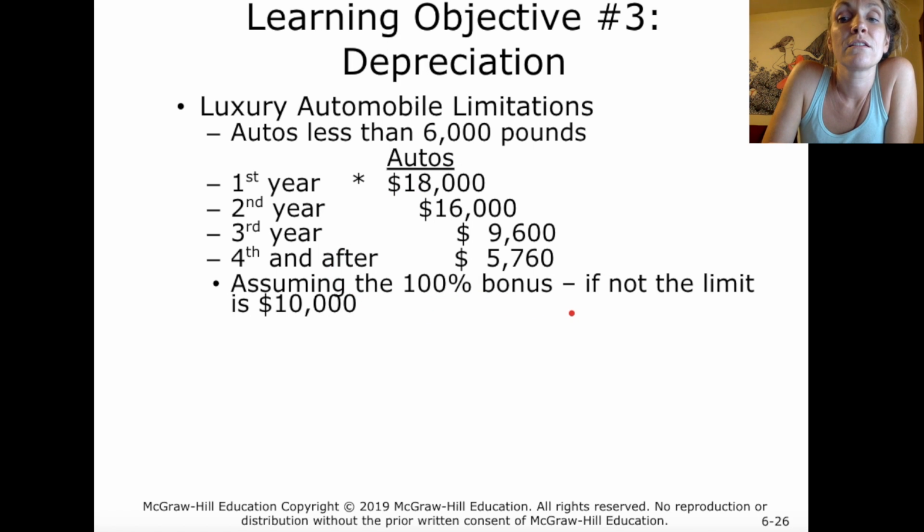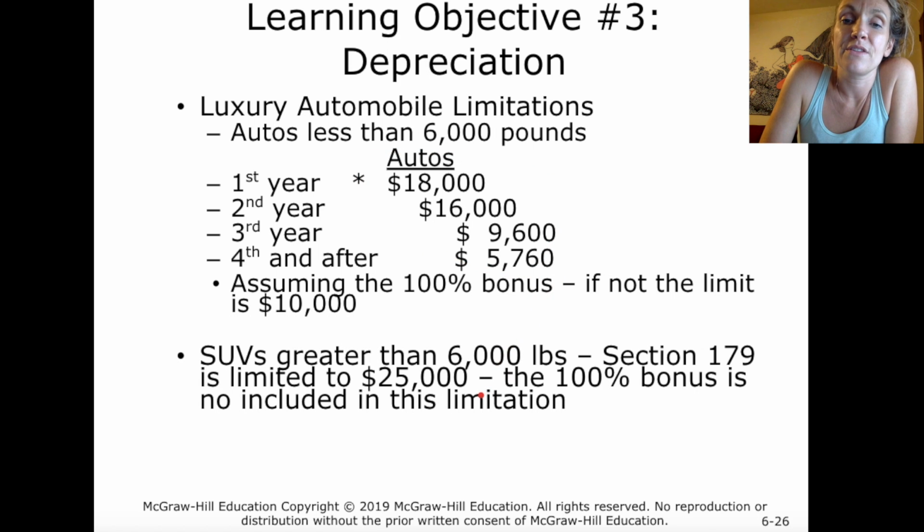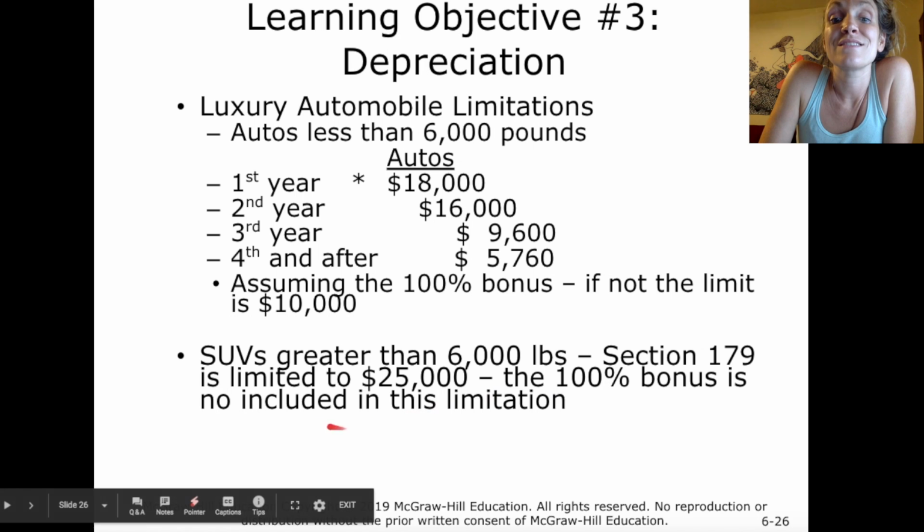If not, the limit is $10,000 if a 100% bonus isn't used. If a 100% bonus is used, the limits are higher because of the bonus depreciation. SUVs greater than 6,000 pounds, Section 179 is limited to $25,000. The 100% bonus is not included in this limitation.